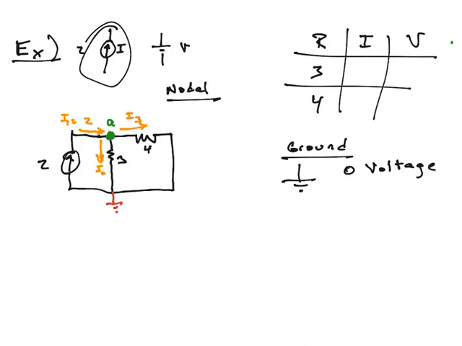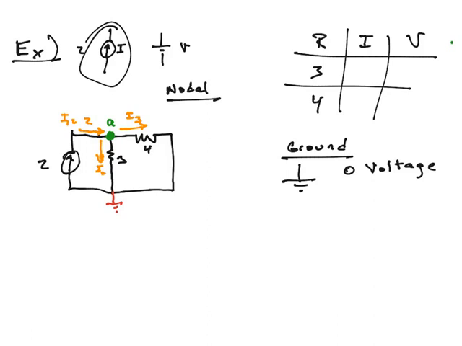So you look at your node, there's 3 wires hitting the node, so there's 3 currents. I1 I already know its value, it's 2, and it's coming into the node. The other 2, I2 and I3, I don't know which way they go. I'm going to assume arbitrarily they're leaving the node. And so I just draw them, and I label them I2 and I3.